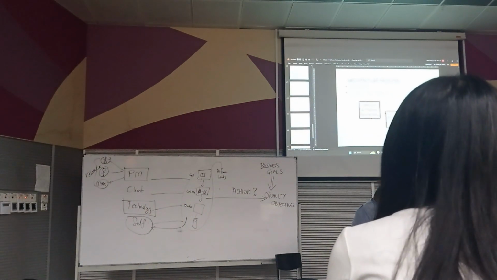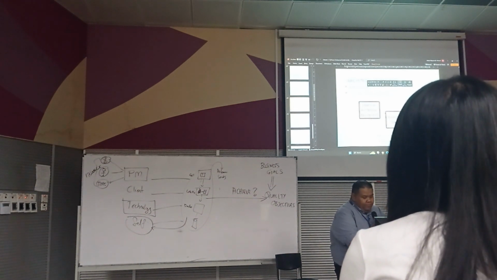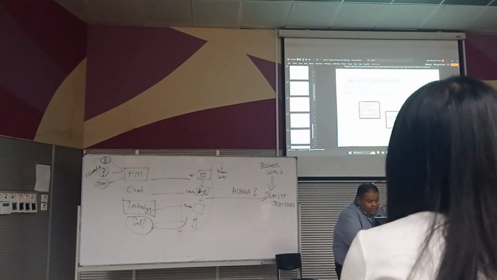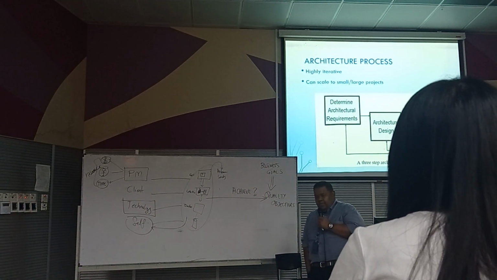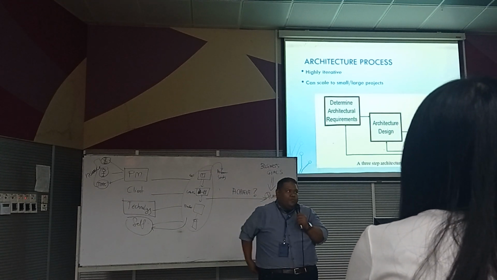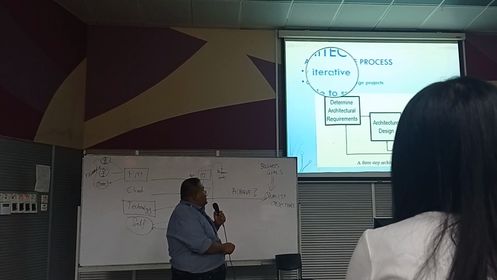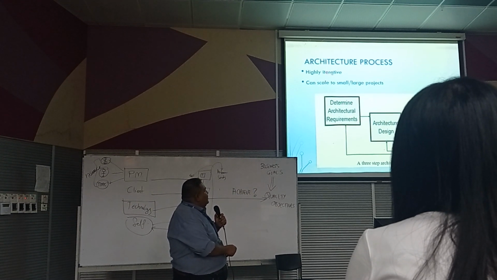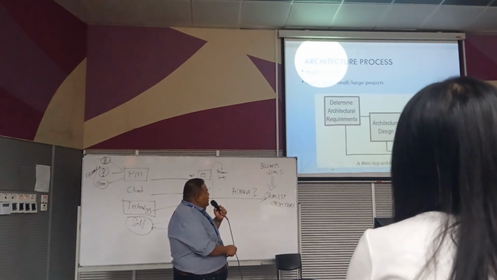Architecture design is an iterative process. Sometimes we need to do this again and again, reject, redo, reject, redo, reject, redo. That's quite normal in any software development project until you come to a point that everybody agrees with the topic. Okay, then everything is okay. Right? So it is an iterative process.